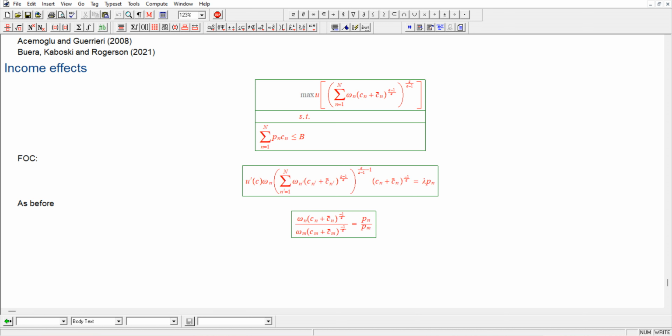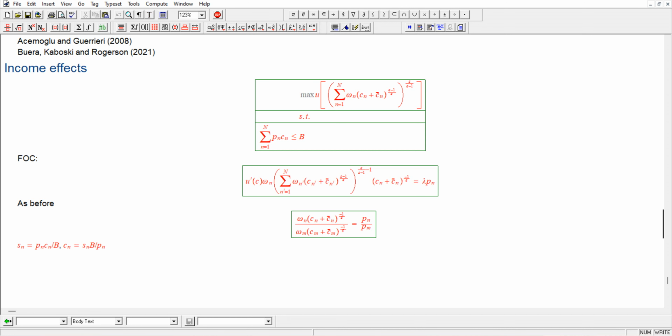The problem now is that if we define our shares as before, you'll notice that S sub n by definition is P sub n, C sub n over B. And observing that, I can rearrange this so that C sub n is just S sub n times B over P sub n.